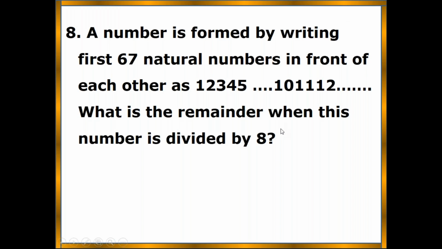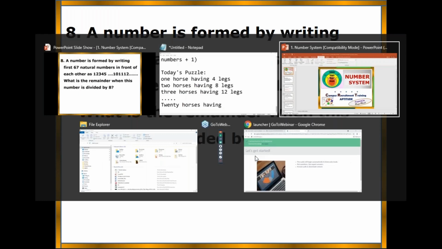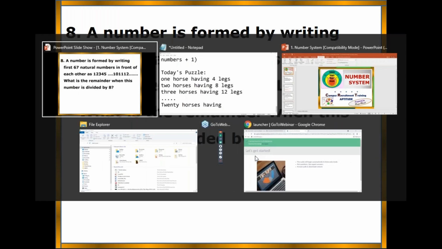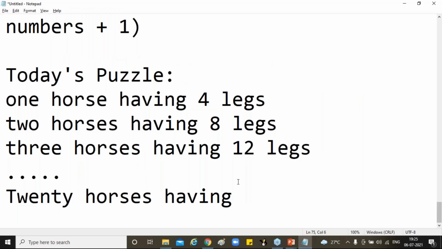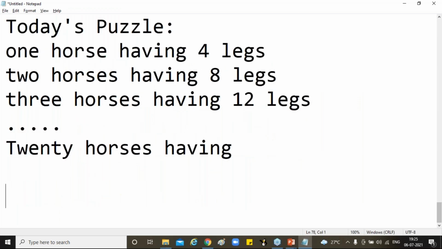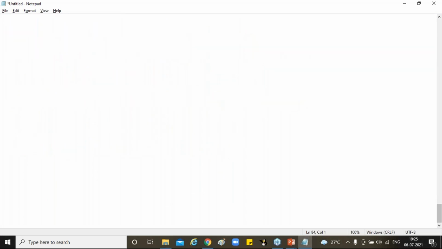Two minutes, I think many of you have confusion. This one. 25 is the number, please concentrate. Leave that example. So 25 is the number.